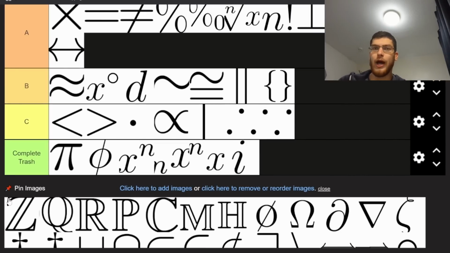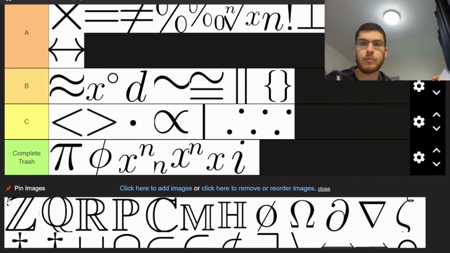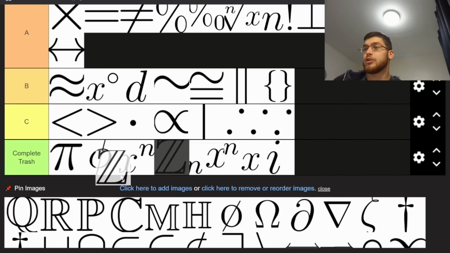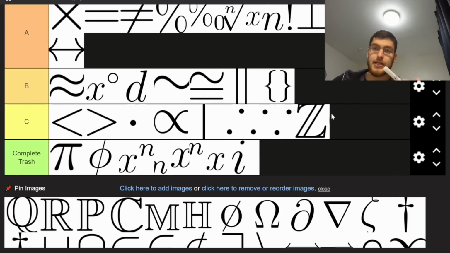Because the blackboard bold I isn't being used for anything else. You can just literally make it on the board like that, and that means integers, and that would make so much more sense. I don't know why they used Z. So complete trash, complete trash. Honestly, complete trash. This one, Q for rationals. Actually, I'm going to give Z the benefit of the doubt. I'm going to put it in C tier because this one is a lot worse.